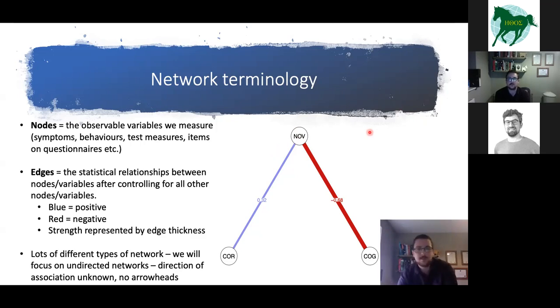One of the important things to point out about interpreting these networks is this. With these three variables here, if I looked at just the marginal correlations, I would see a correlation between hair cortisol and cognitive bias. However, because these are conditional associations, I can control for this node, and that correlation is spurious and disappears once I do that. So there's no correlation between these; any correlation can be completely explained by this other node here.